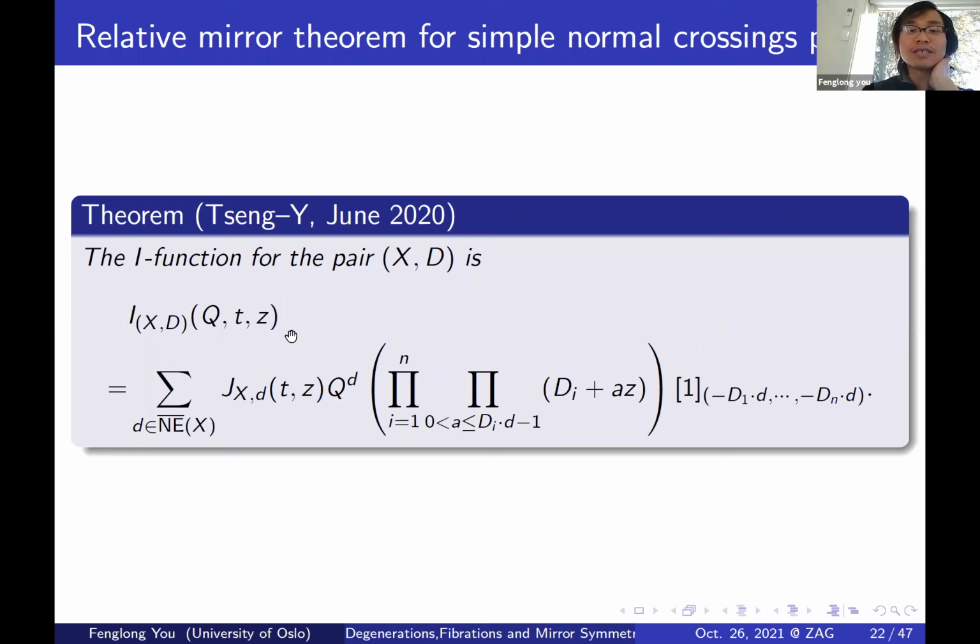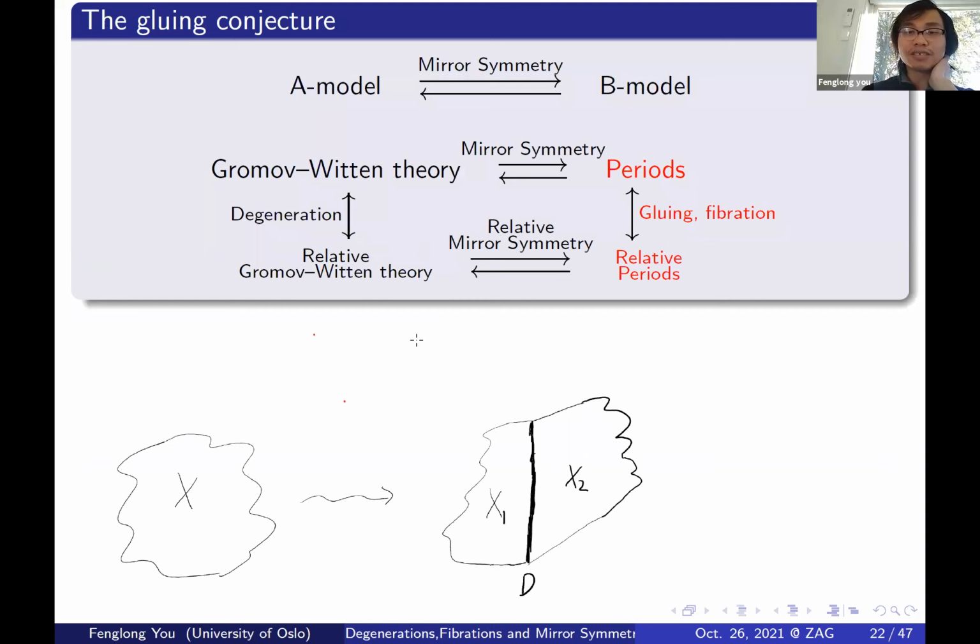So by a similar argument as in the smooth case, we can find an I function for a simple normal crossing pair, which is related to the Gromov-Witten invariants of this pair, and this is called relative mirror symmetry for simple normal crossing pairs. So that is the story for this horizontal line.